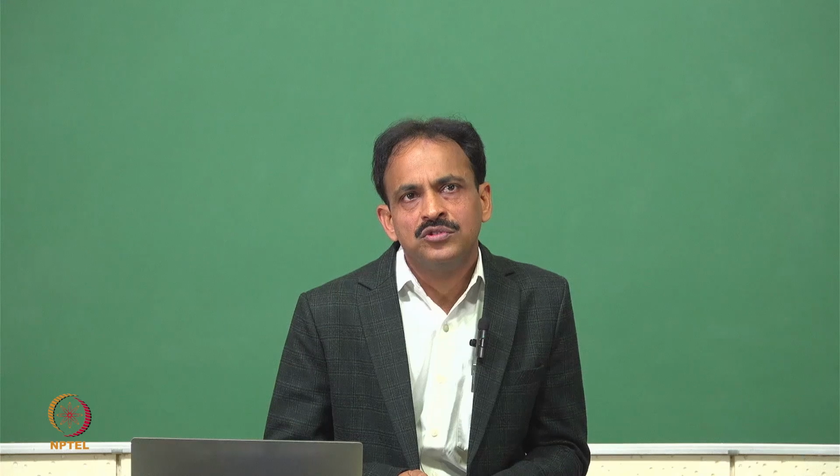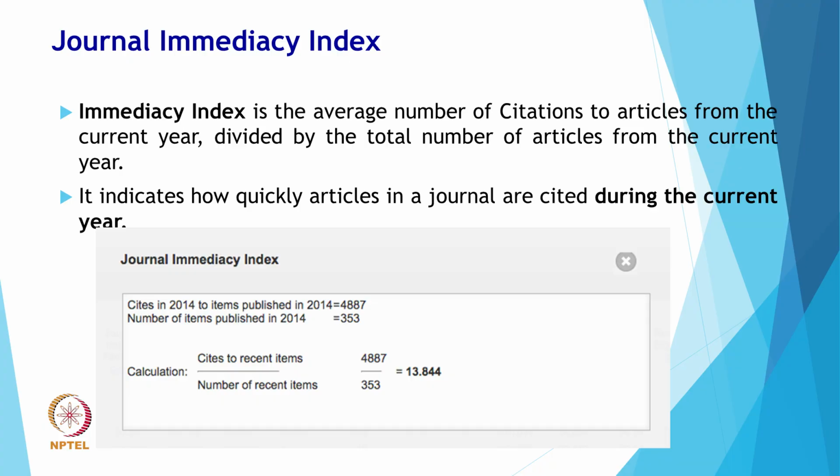Let's talk about journal immediacy index. Journal immediacy index is the average number of citations to the articles from the current year divided by the total number of articles from the current year. It indicates how quickly articles in a journal are cited during the current year. So it's a very important index.